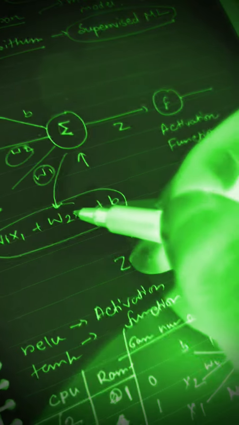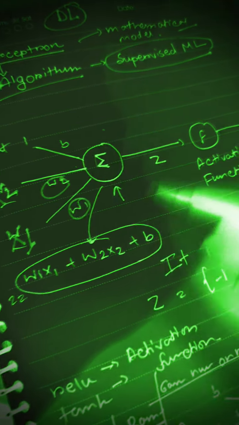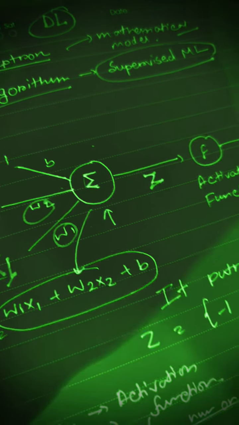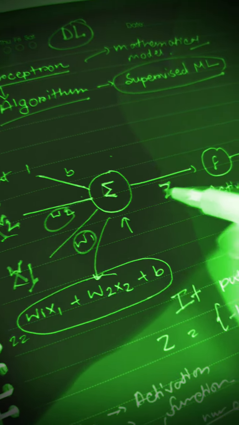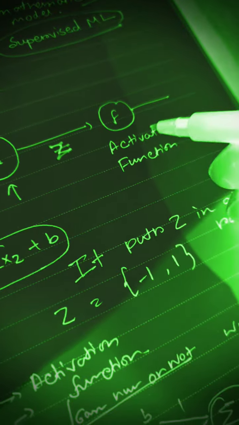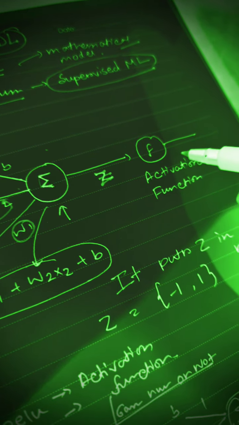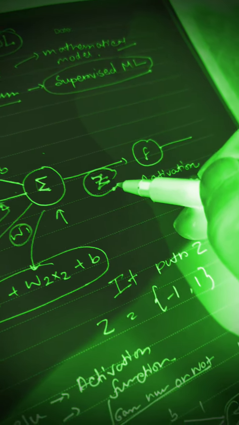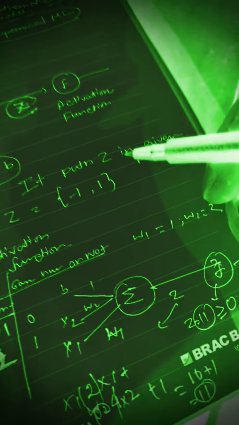So it will add those things, and it will give the result as input to the second layer, and this activation function will decide whether this output is okay or not, right?